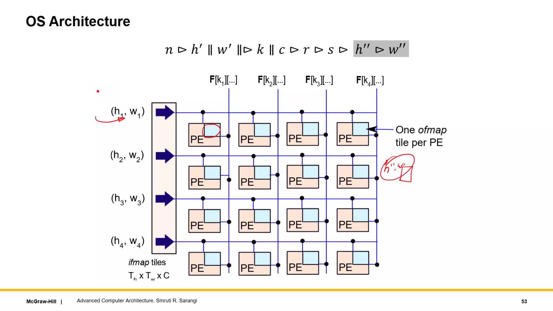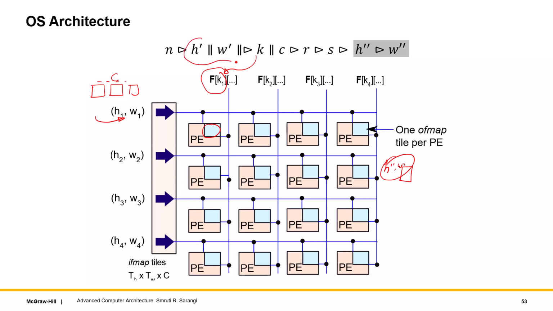For the different input channels, we will have different matrices. So if we have capital C channels, then we will have capital C matrices which are streamed one after the other this way. Similarly, the filters are also streamed downwards, where the filter for a column corresponds to a given output channel.